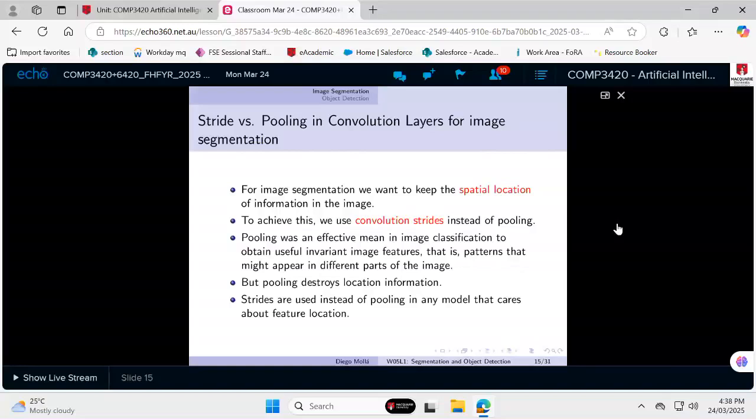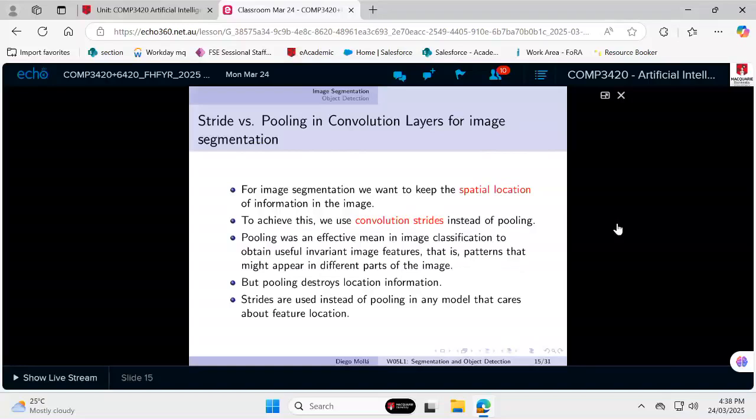But in the case of image segmentation, you do care about where the pattern happens, on which part of the image, because you want to go back to the pixel, classifying the class for that particular original pixel. So the location matters, so pooling is not a good idea. It's going to destroy information about location. So you don't use pooling for image segmentation.